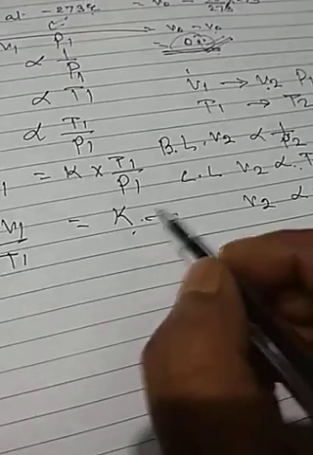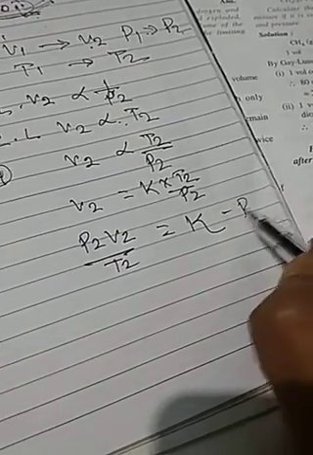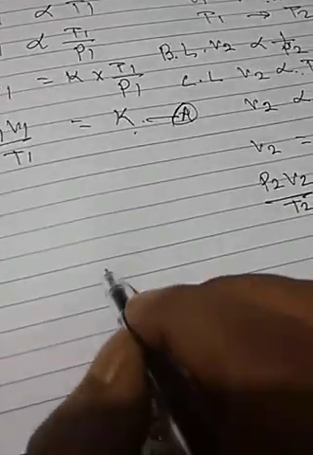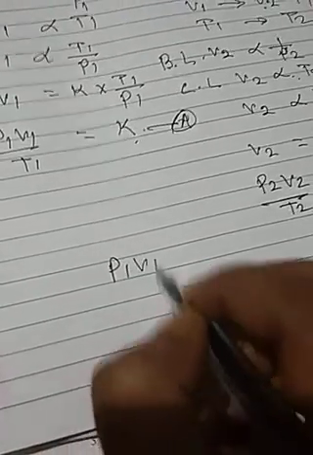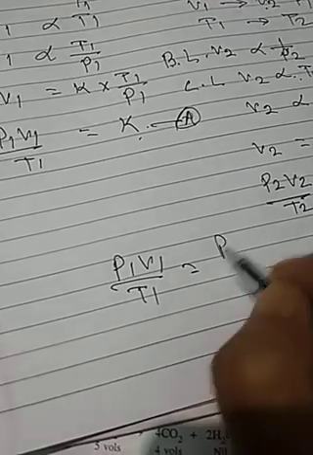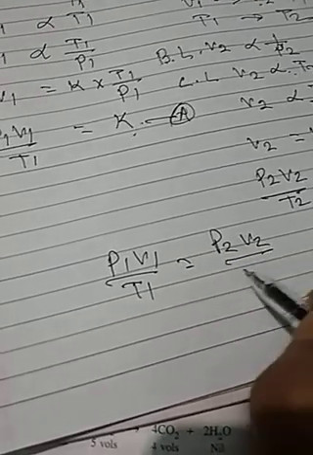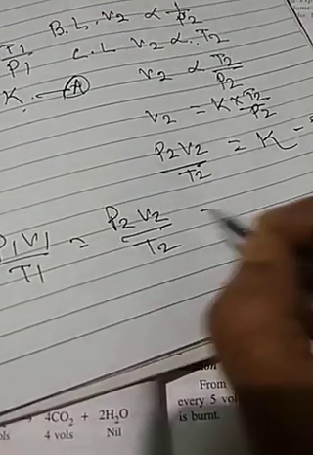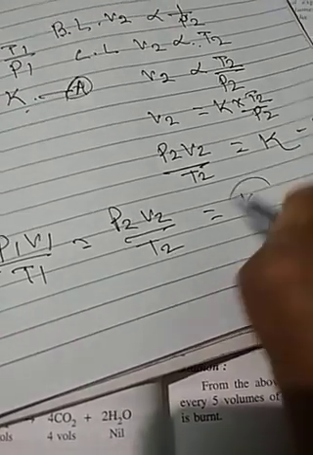Now if we see this equation A and this equation B, after combining these two equations, what does it become? P1 V1 by T1 equals P2 V2 by T2, whose value is always constant.